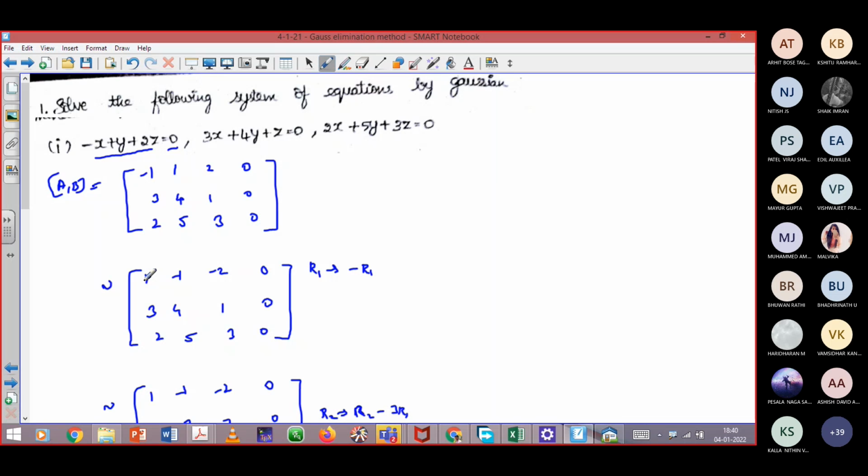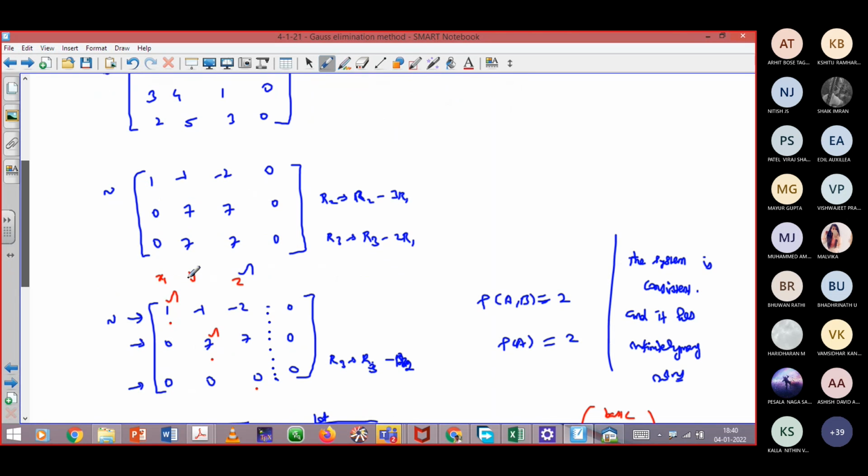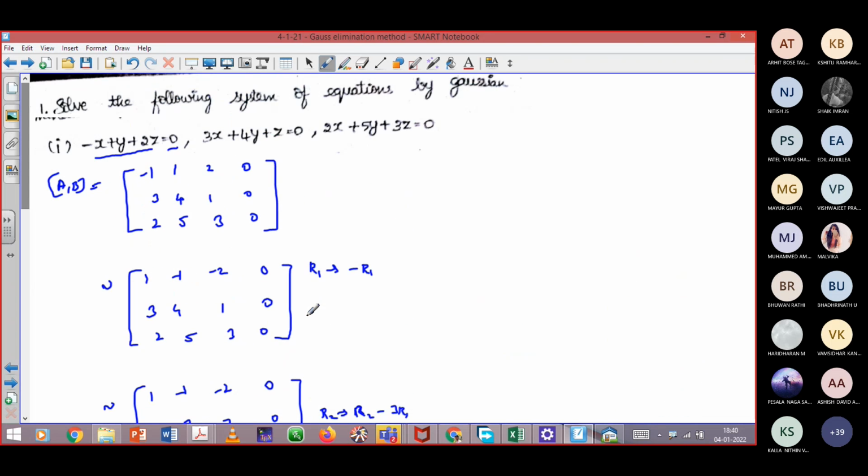Because if you have brought this as positive, it is quite easy to do the remaining elementary row operations. Otherwise you may get some mistakes if you keep it as minus. So for my convenience only, I have chosen the conversion of R1 multiplied by minus 1.